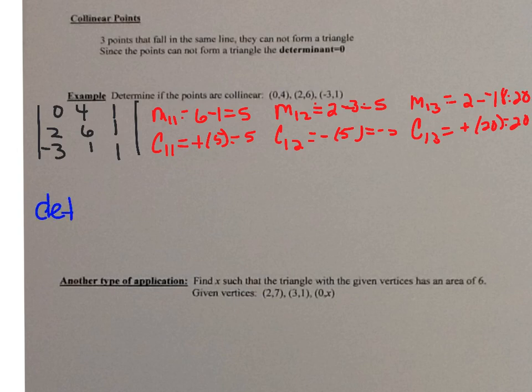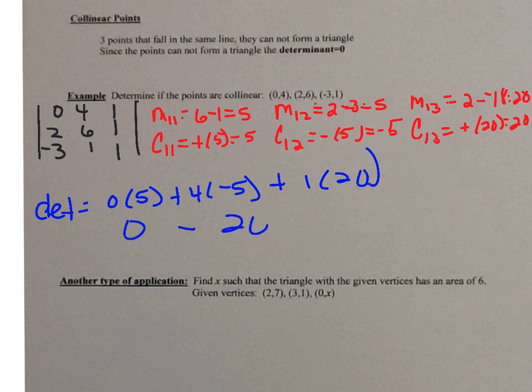So I used row 1. So it's going to be 0 times 5 plus 4 times negative 5 plus 1 times 20. So this is 0 minus 20 plus 20, which is equal to 0.